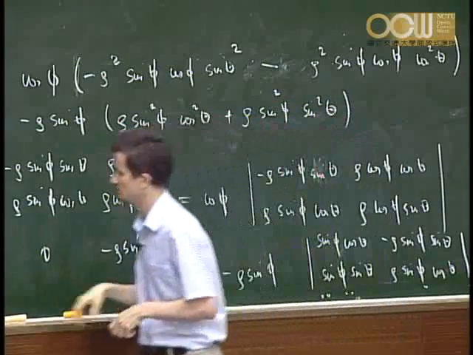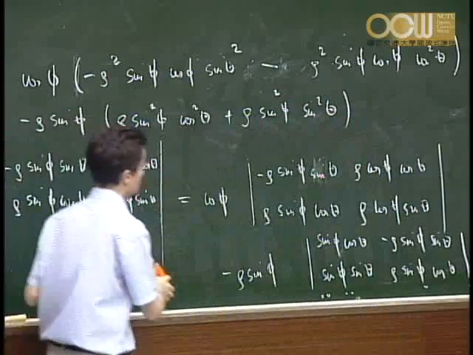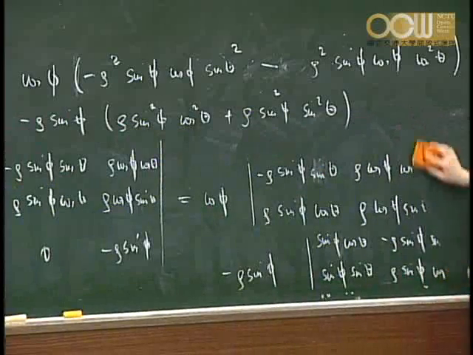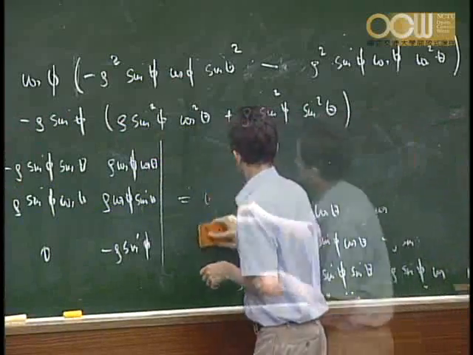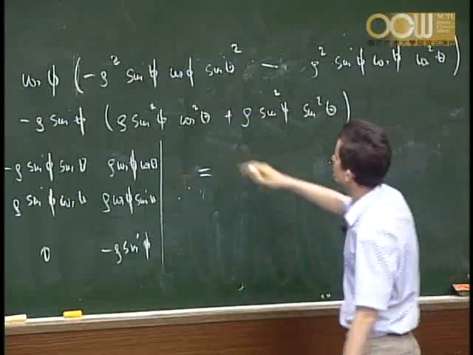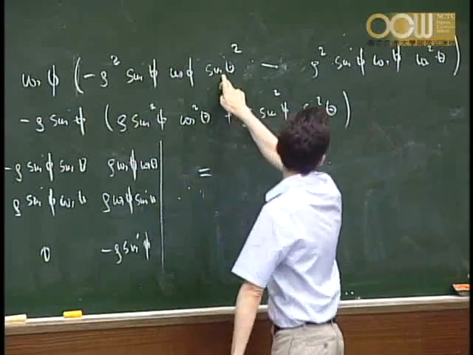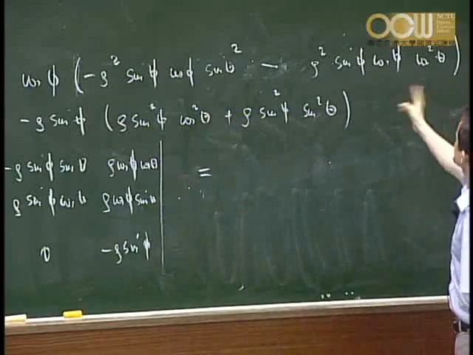Okay, which is good because many things simplify. So I erase this here. Here we can simplify, because this plus this is equal to 1 and the rest is the same.